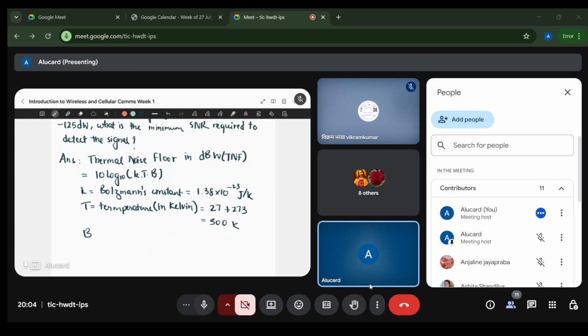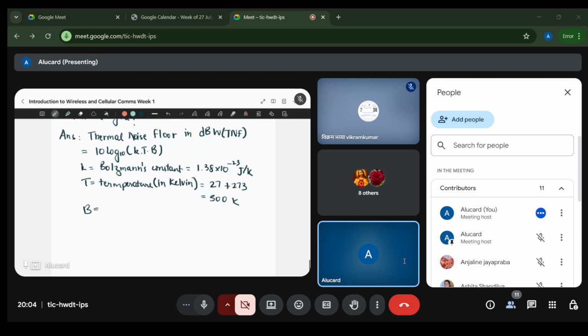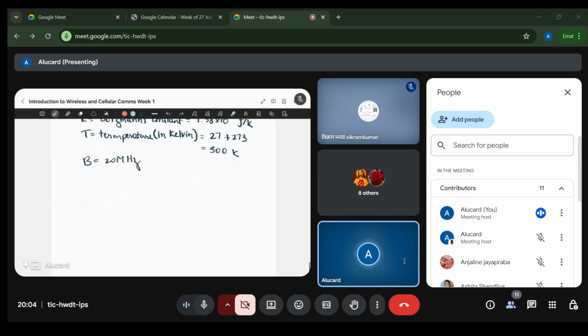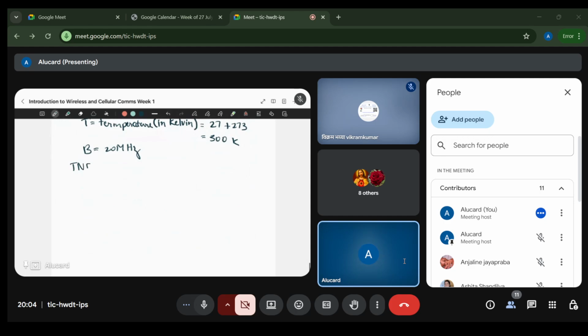And your bandwidth is given as 20 megahertz. You plug in the numbers in this formula, and that should give you TNF to be, in dB watts, minus 130.82.